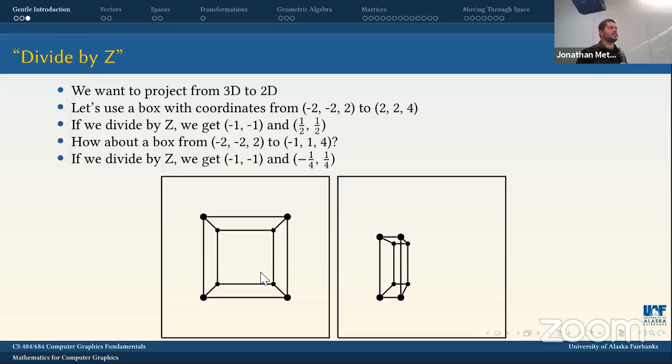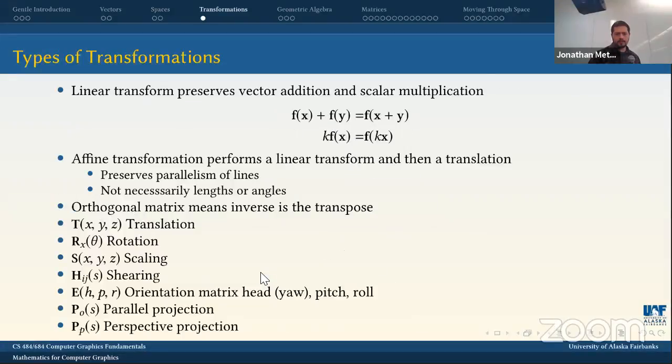Maybe in some cases it is, where they're all on the same plane, perpendicular to where the projection is going. But it's not really affine, because it doesn't preserve parallelism.